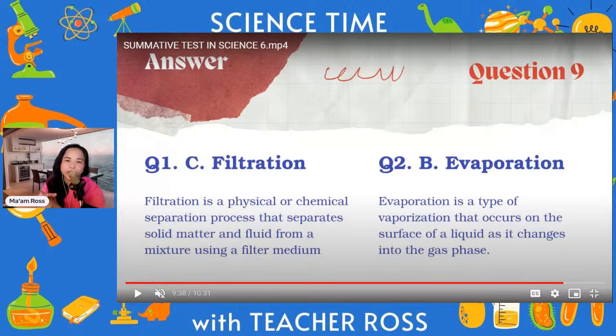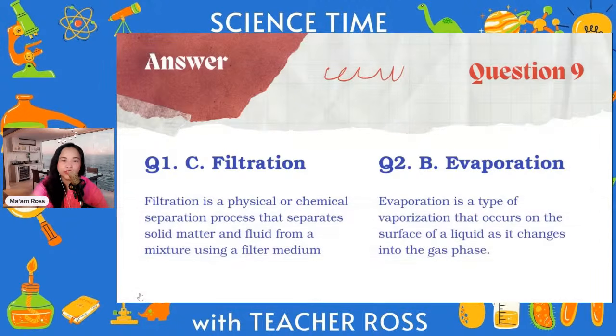And for question number 2, the correct answer is letter B, evaporation. All right. Evaporation is a type of vaporation that occurs in the surface of a liquid as it changes into the gas phase. Therefore, the correct answer is letter B, evaporation.